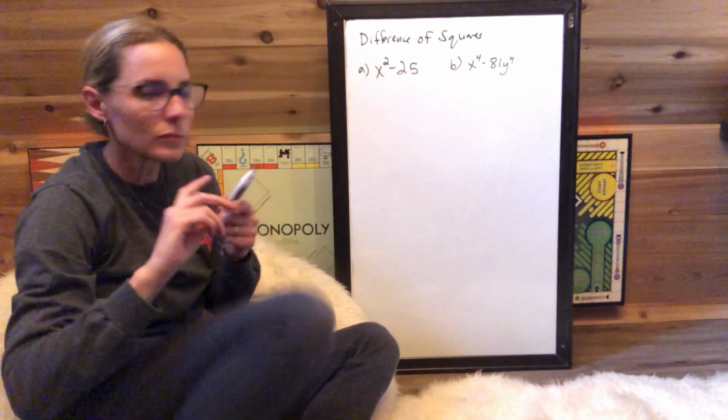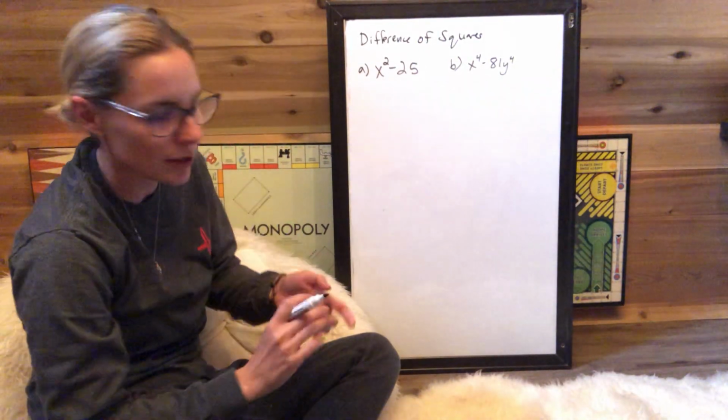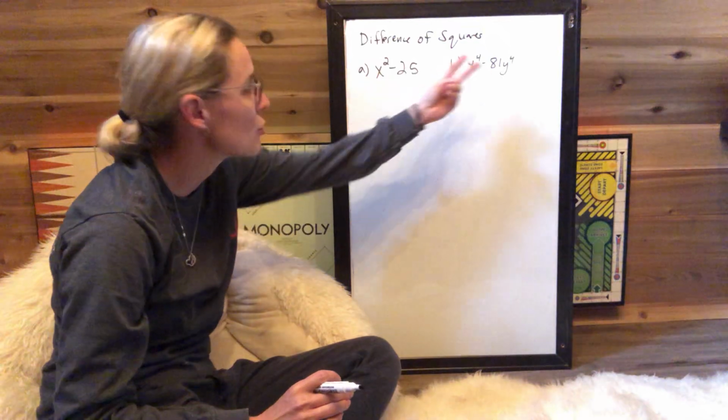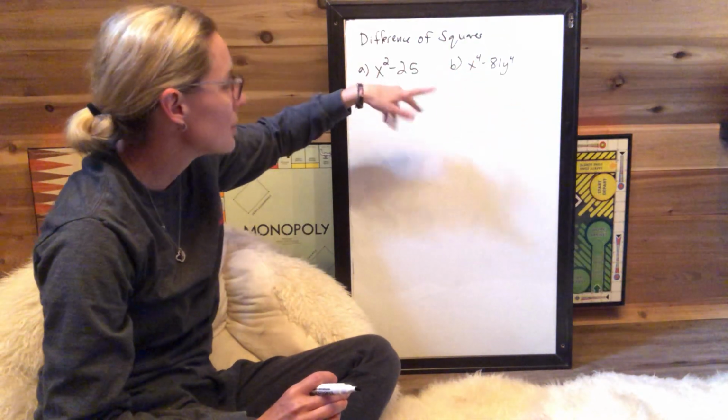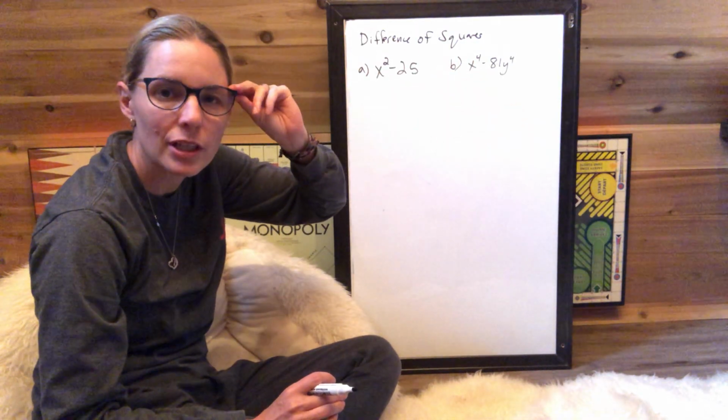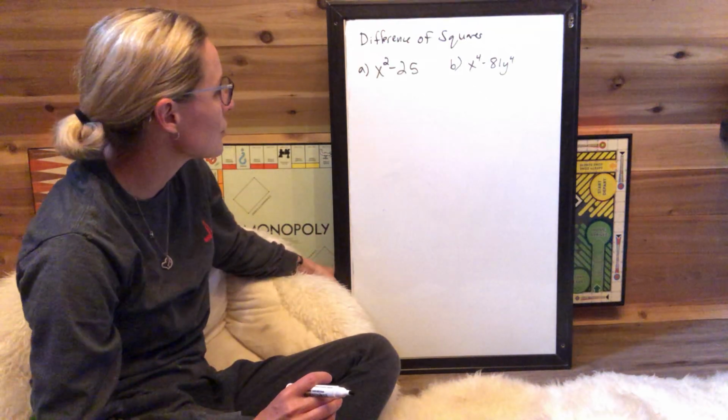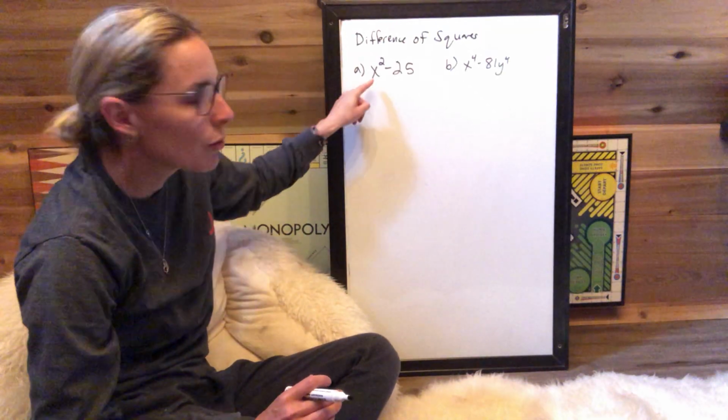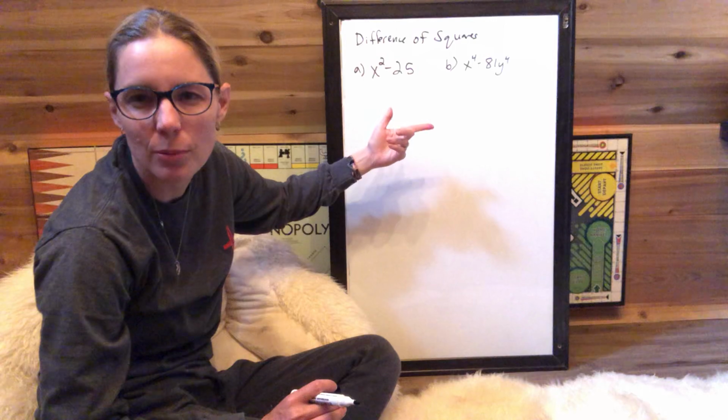Okay, so when you look at the difference of squares, the idea was that you have these two binomials, different than the trinomials we've been factoring. What you need to remember about the binomials is that both of them are perfect squares. They're perfectly square rootable.